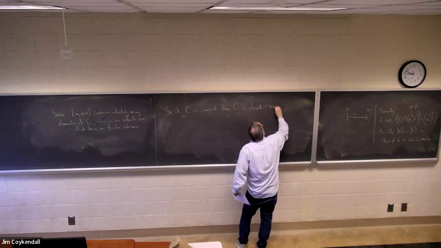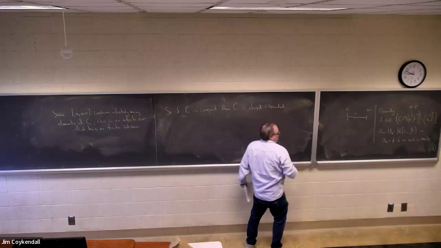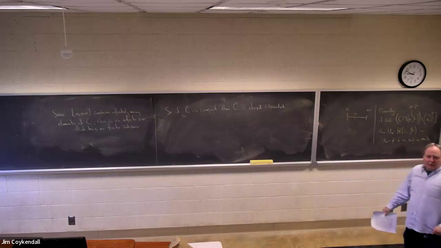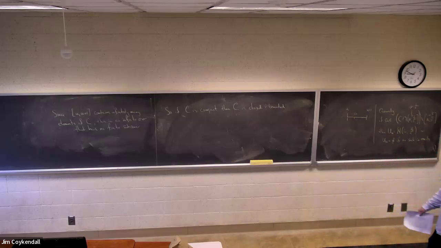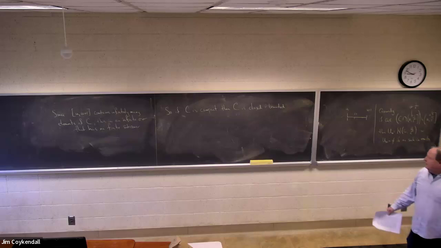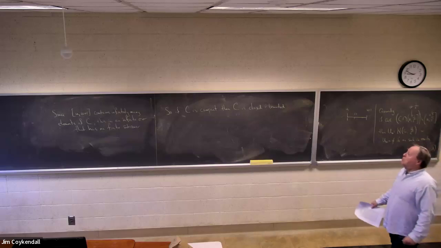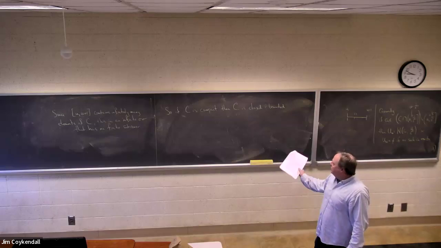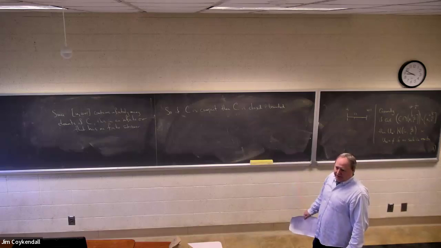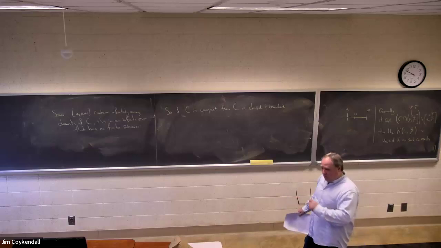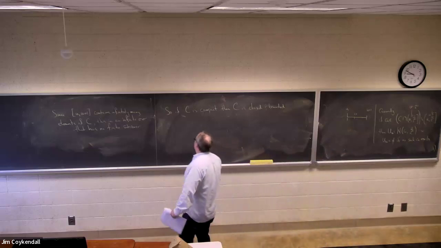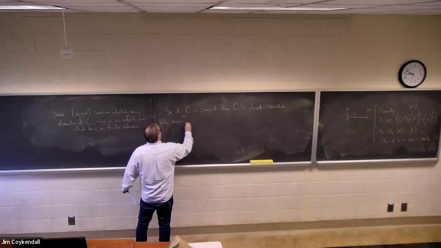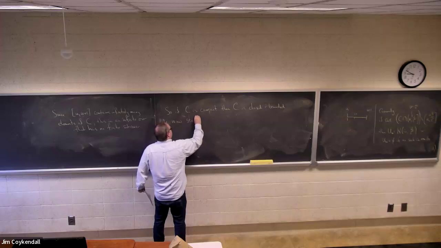So if you can find a set that's compact, so it has this property that if you cover it up by any collection of open blankets, then finitely many had to do it, then you have to be closed and bounded. Now, what we need to do is show the converse.